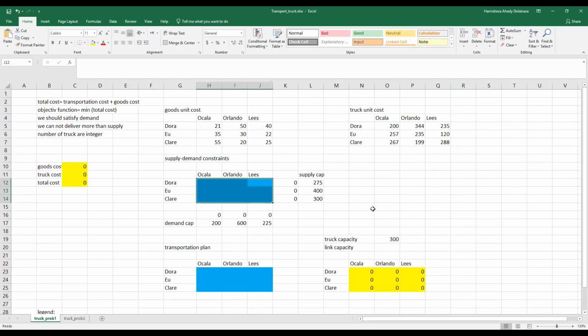For each link I have a specific unit cost, and if I multiply it by the amount of goods from this table, I can understand the total cost of the goods. So basically, I'm telling Excel to find how many trucks and how many goods I should send on any link.